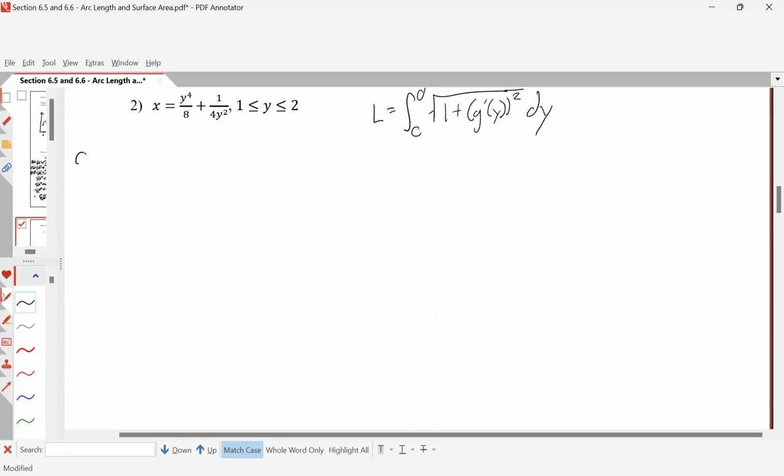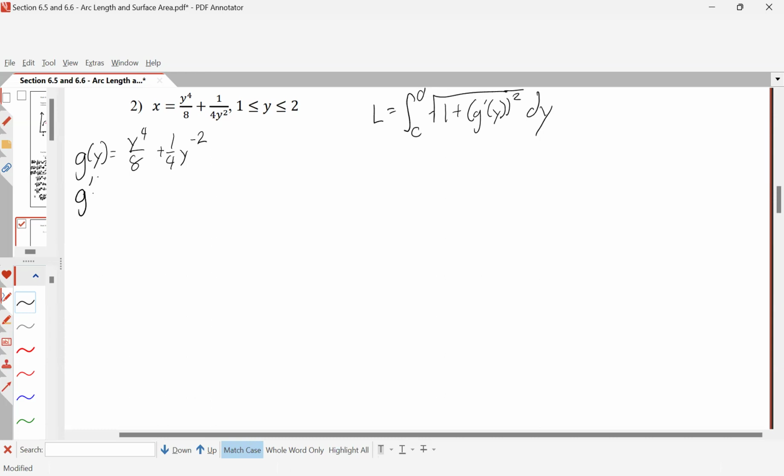So we want to take this function, y to the fourth over 8 plus 1/4 y to the -2, and find its derivative, square its derivative, and then plug it into our formula.